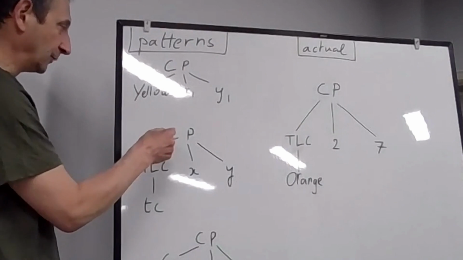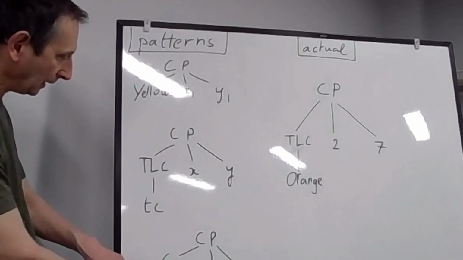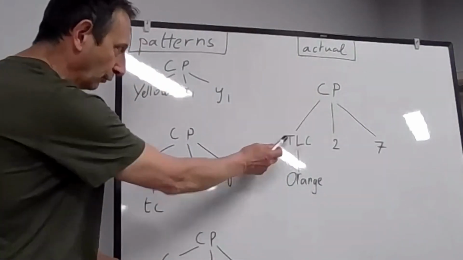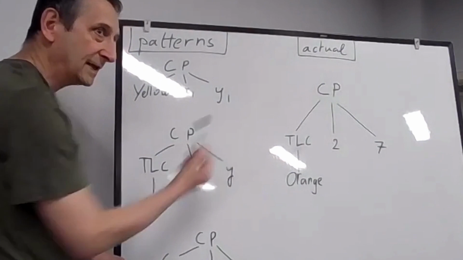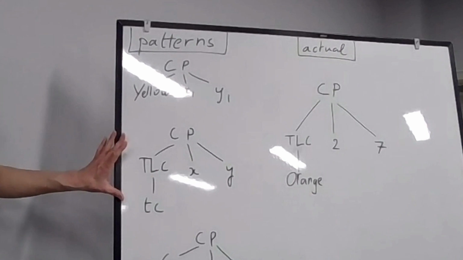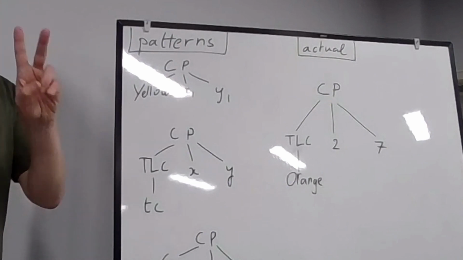Now I can go to this one or to this one. I take this one again. So does it correspond? CP, okay, but gray, no. Gray does not correspond to TLC. So no way. And you see that the second pattern works perfectly well. So now when we have pattern matching, you have two things.